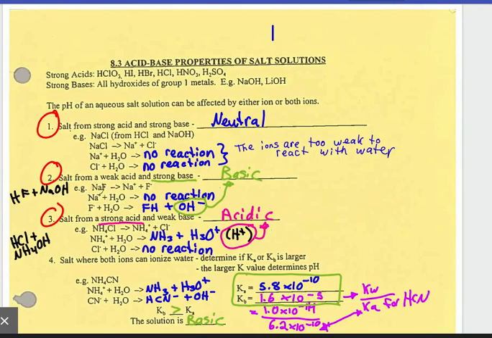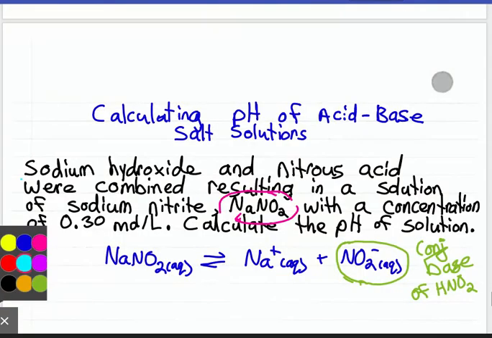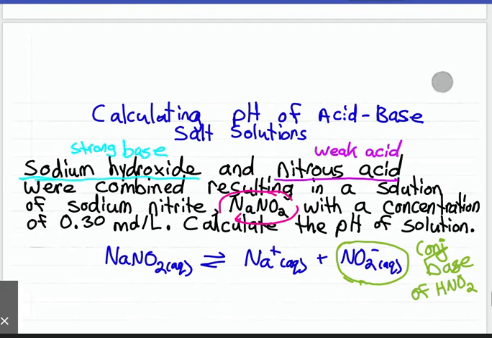So you can figure out if you're going to get hydrogen ions or hydroxide ions based on what you are dealing with. So if we look at our base and our acid, sodium hydroxide is a strong base, and our nitrous acid is a weak acid.